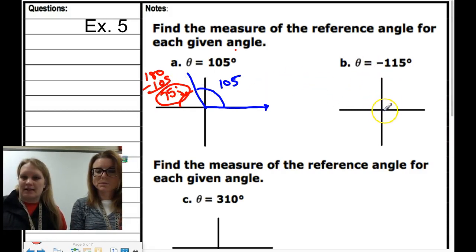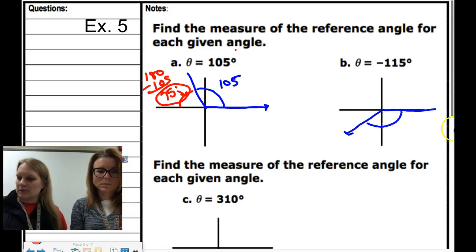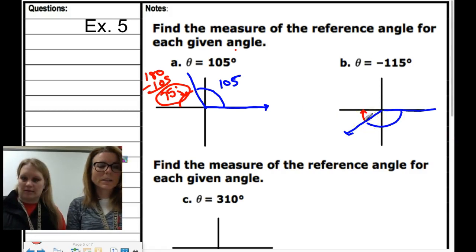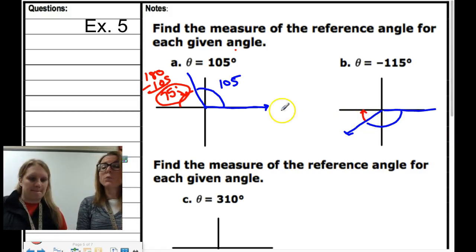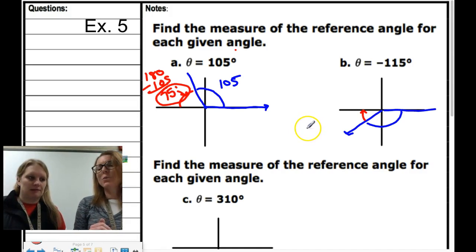Now we have negative 115. So now we have to go down. Here's negative 90, and negative 115 would be about there. Then we want to see how much to get to the x-axis. Now this is the tricky part: the negative sign only refers to the direction, meaning we went clockwise versus counterclockwise.